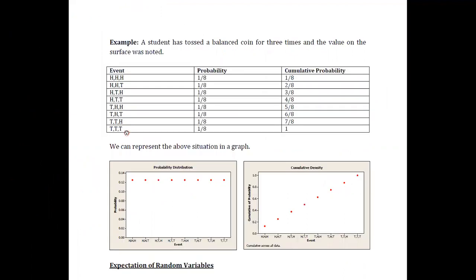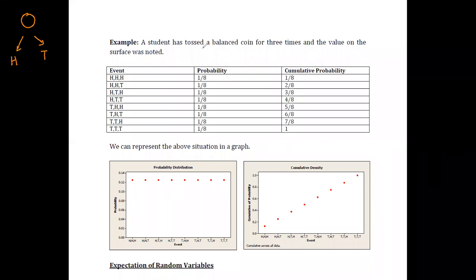Here we will discuss this matter using an example. A student has tossed a balanced coin 3 times and the surface values were noted. If you consider a coin, we have two sides; if you toss a coin, you may get either head or tail.